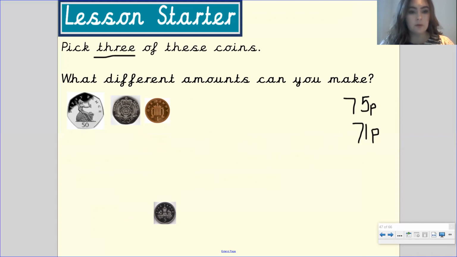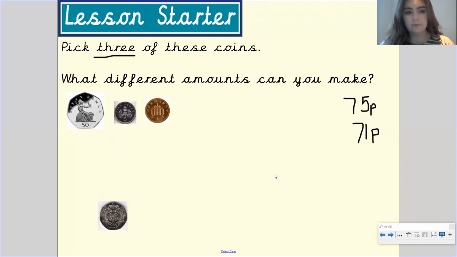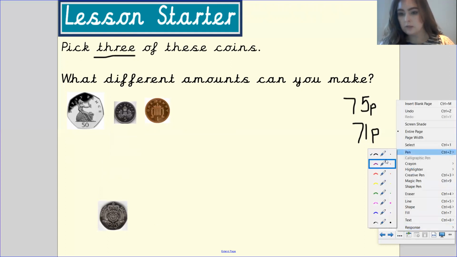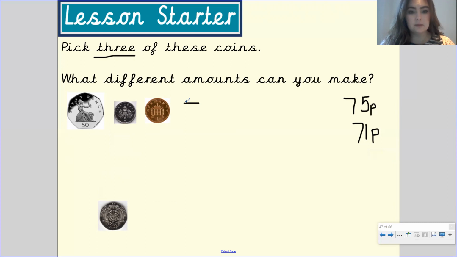You could have also had, if we take our 20 pence away and put 5 pence there instead, you could have had 56 pence.